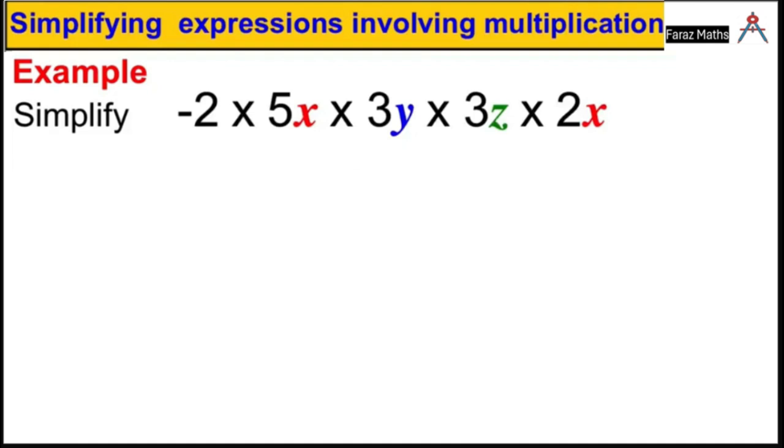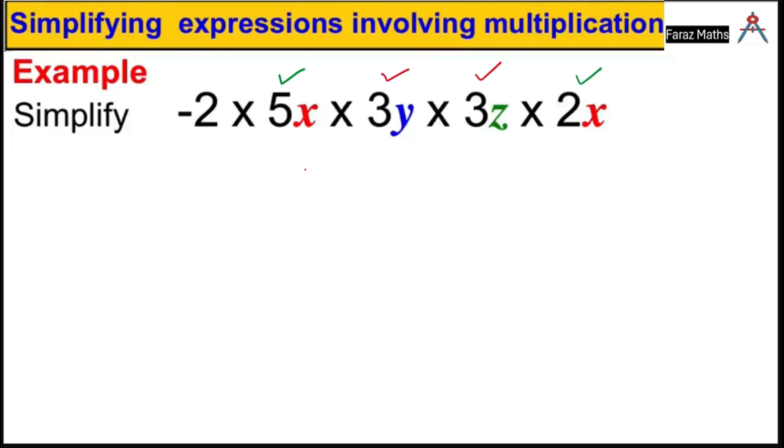In this question, we have to multiply 5 with 2. 5 times 2 is 10. And then multiply these two 3's. 3 times 3 is 9. So 10 times 9 is 90.